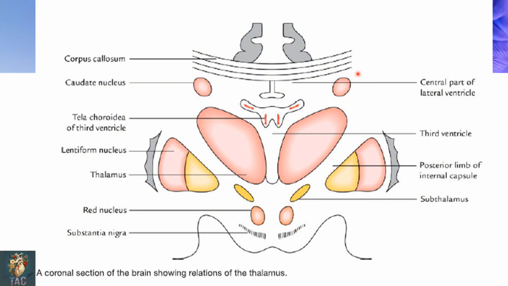Here you can see the caudate nucleus. Here in this area you can see the tela choroidea and the thalamostriate veins of the third ventricle. These are the locations of the internal capsule, and then the globus pallidus and putamen, which are present over here. These are the subthalamic nuclei, then the red nucleus and the substantia nigra, which are part of the midbrain.